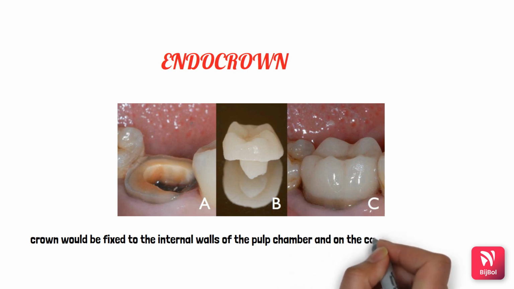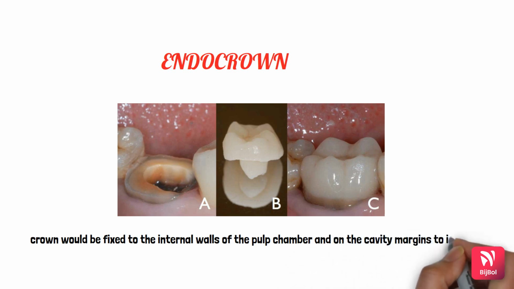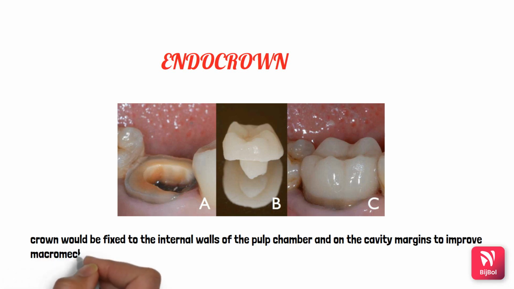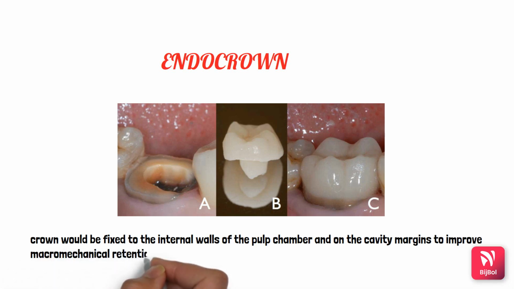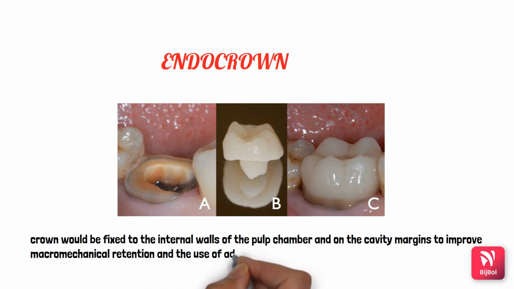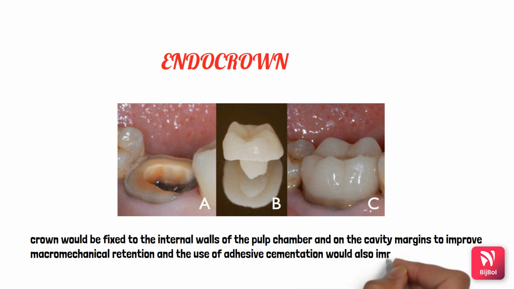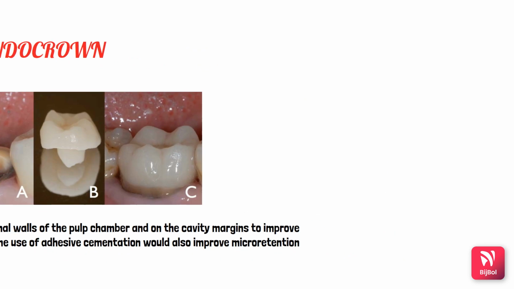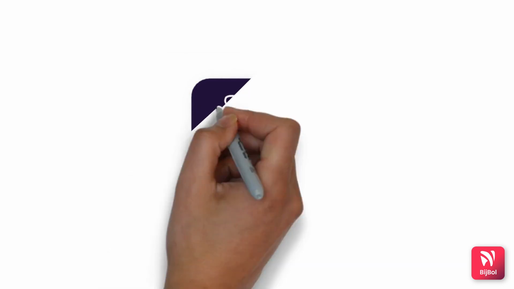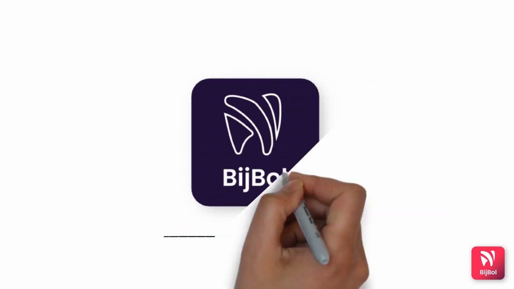In the picture you can see the crown having its walls affixed to the tooth structure and even to the pulp chamber and the cavity margins, which provides micromechanical bonding by retention, which helps in the use of adhesive cements. You can clearly observe the crown extending into the pulp chamber. It also gives micro retention to the tooth structure. So this is all about the restoration of endodontically treated teeth.